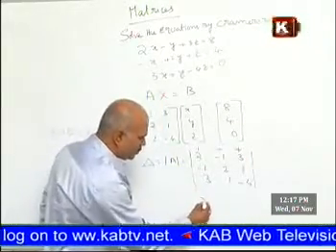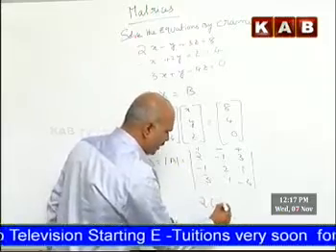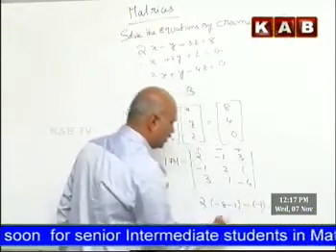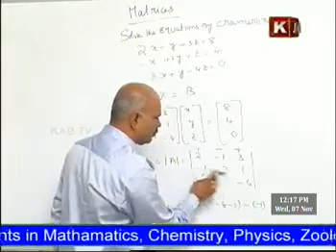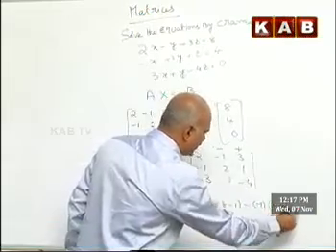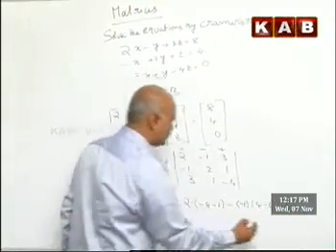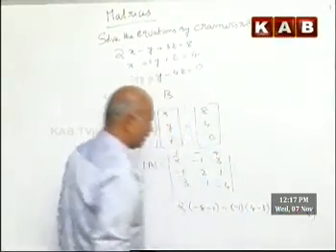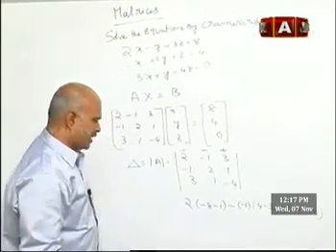Here 2 into this part, minus 8 minus 1, minus of minus 1 into, eliminating this row and this column, you get 1 minus 1 into minus 4, 4 minus 3, again plus 3 into, eliminating this row and this column, we get minus 1 minus 6.